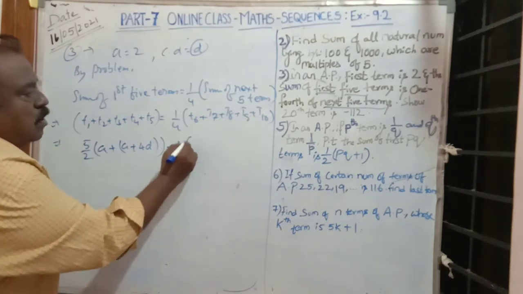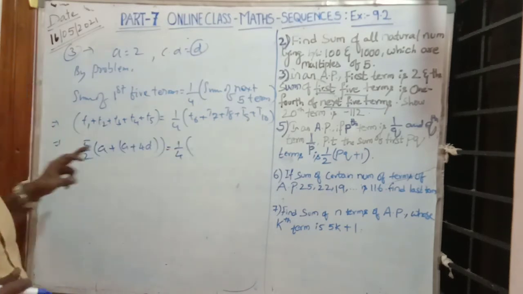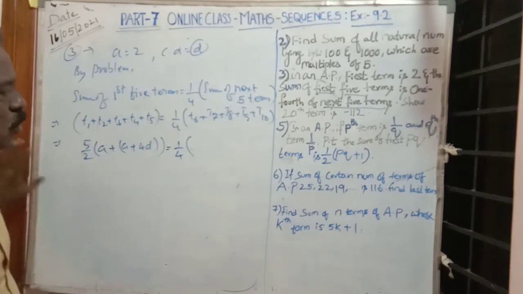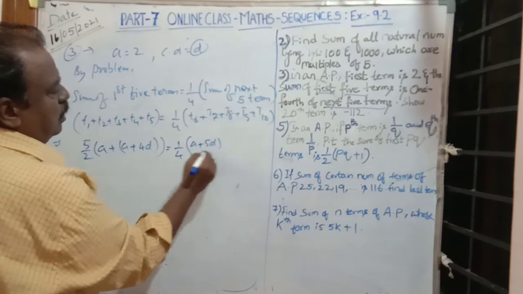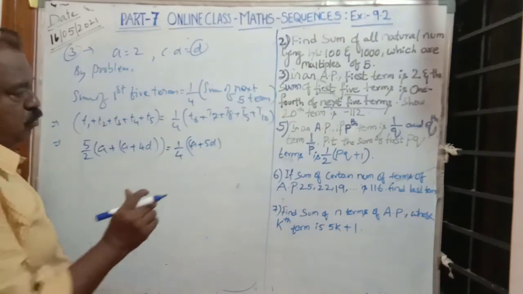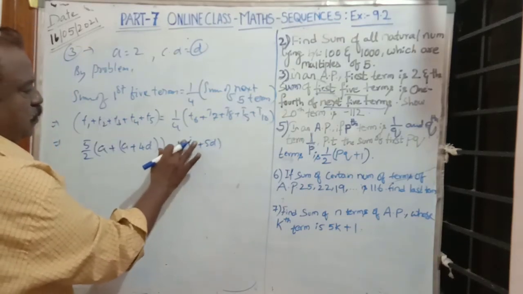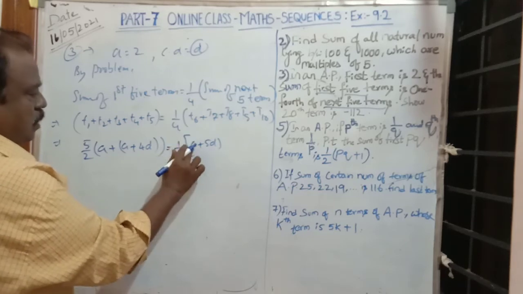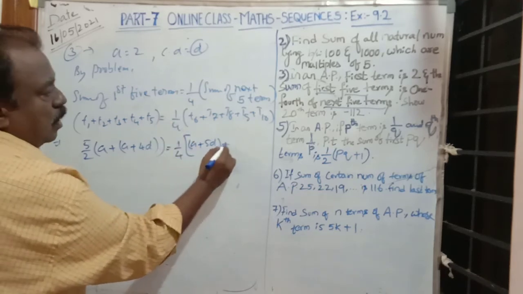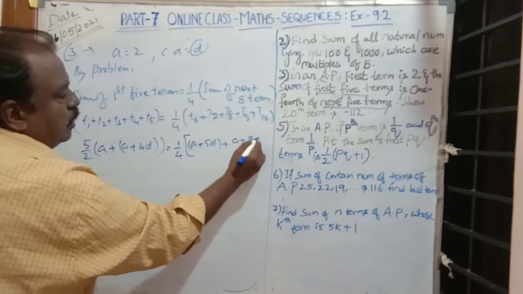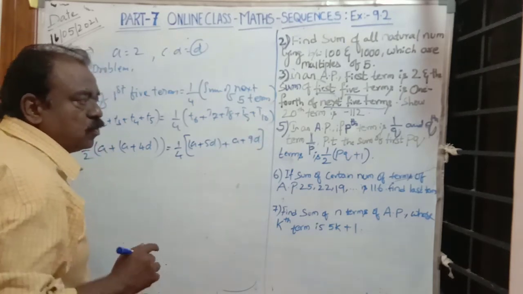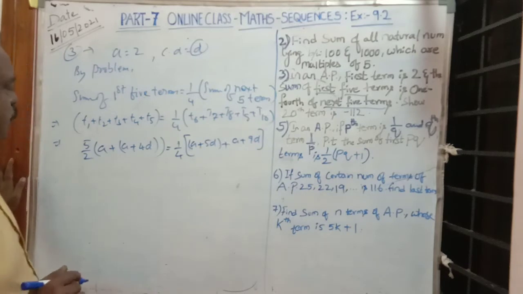And 1 by 4 of what is T6? We don't know T6, but it is A plus 5D, the sixth term. And the last term is the 10th one, A plus 9D. D is not given.